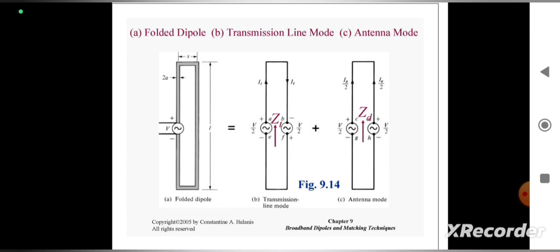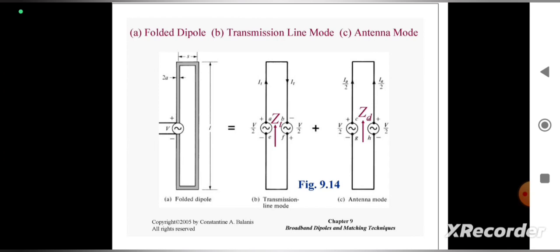Next, the folded dipole antenna contains two types of modes. One is the transmission line mode and another one is the antenna mode. In transmission line mode, the current is denoted by IT. In antenna mode, the antenna current is denoted as IA.